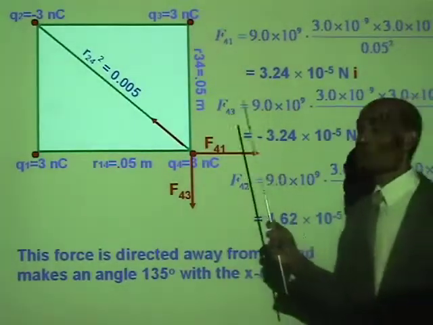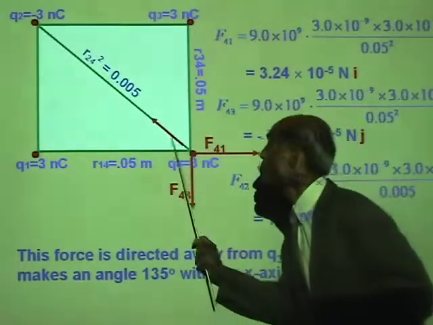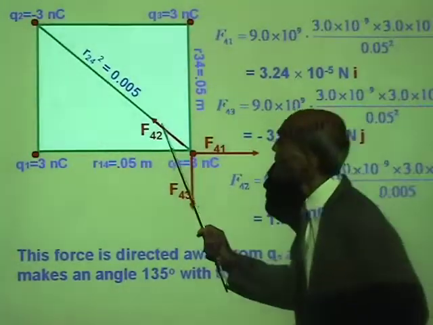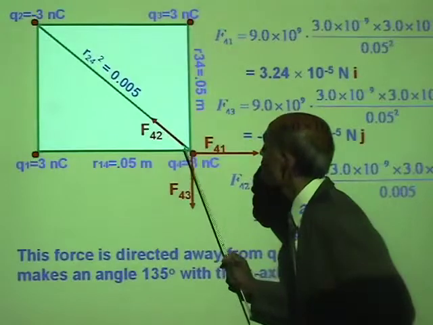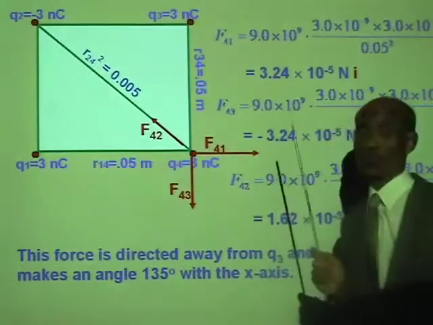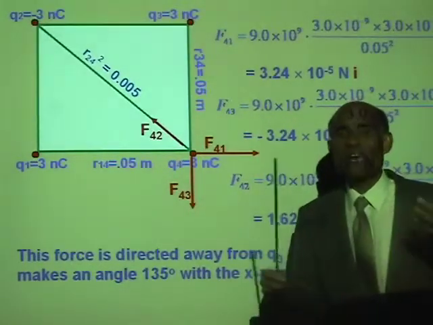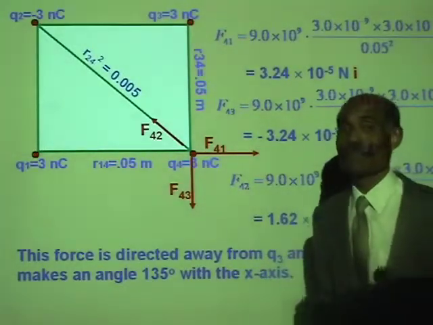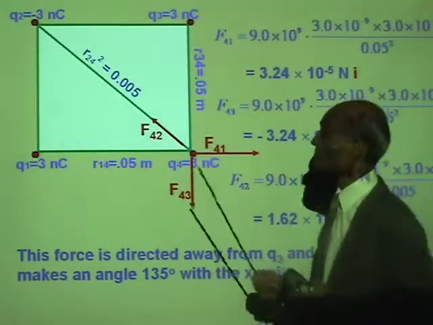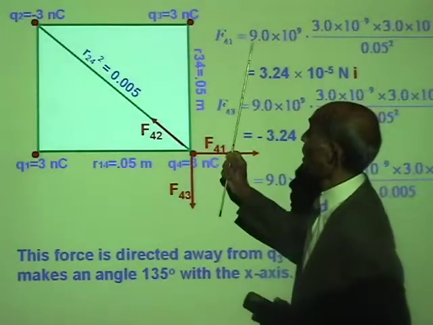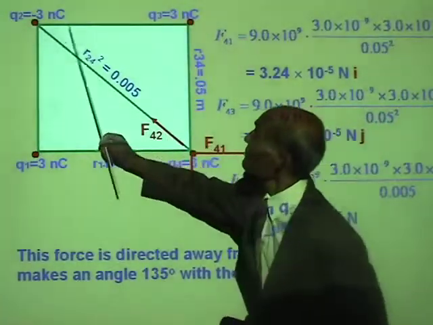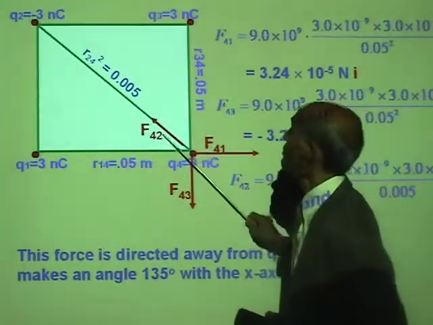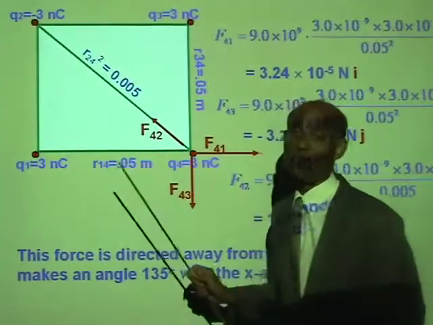Now, can you find the angle this force, that is F42, makes with the x-axis? You don't really need to do any calculations. By looking at the symmetry of the diagram, you can tell me that angle. Why? Because if you see, this is a square, and this is the diagonal of the square.